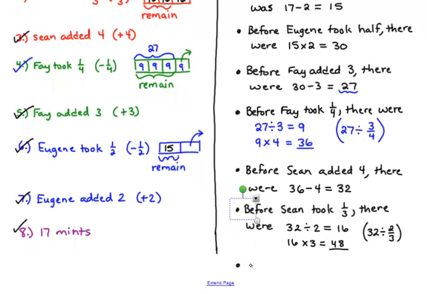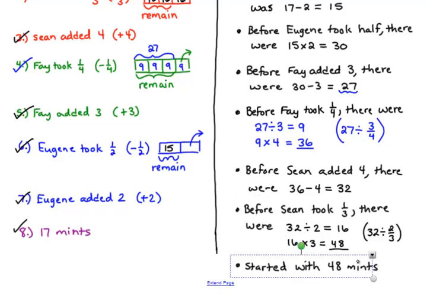So we started with 48 mints. And circle my answer. Okay, I hope that that made some sense. And that is working backwards. Thank you.